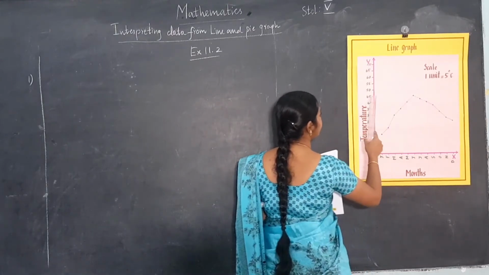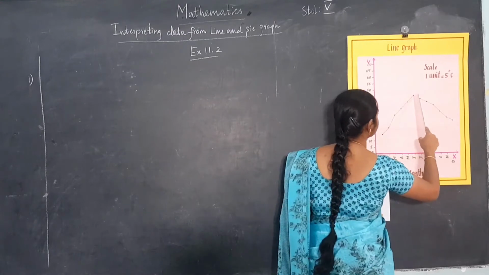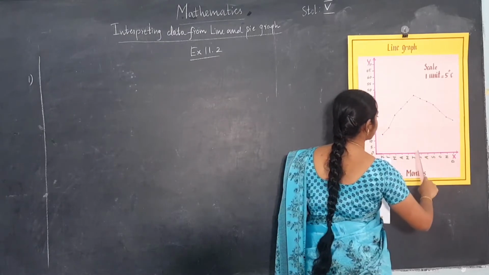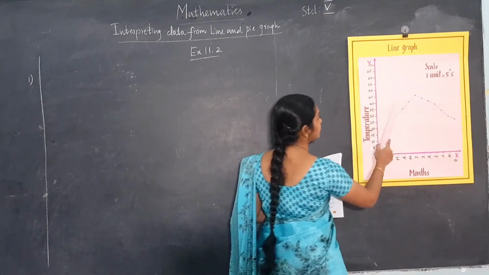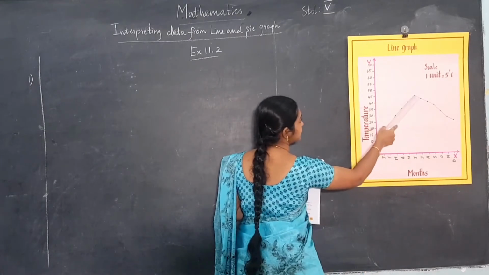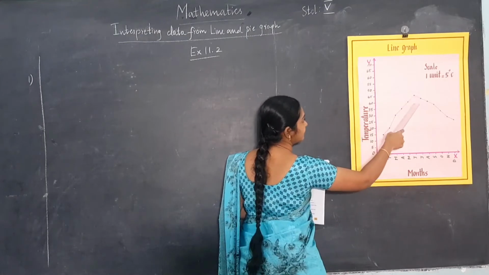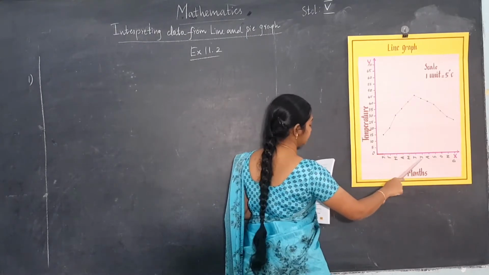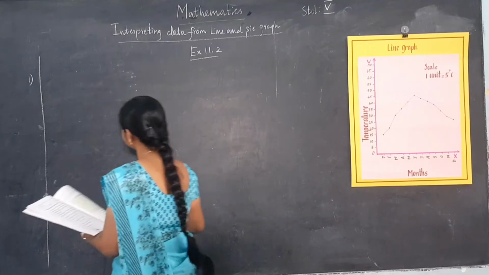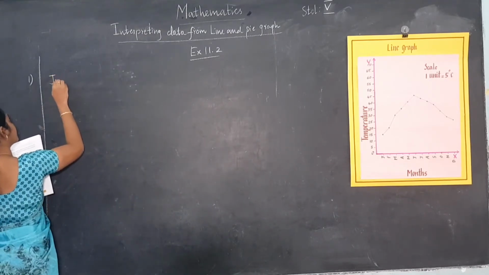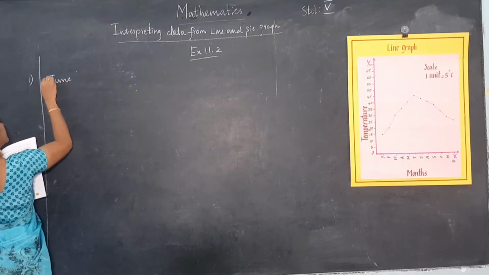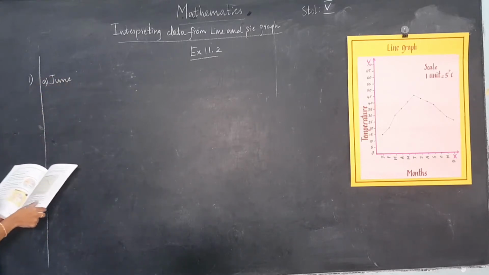It is 45 and it is in the month of June. This is the highest. So, look which month it belongs to. So, the answer is June.